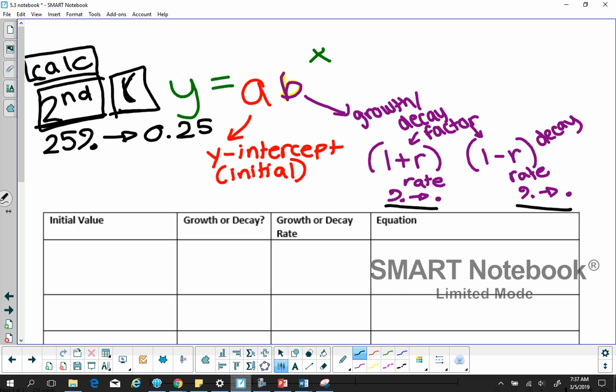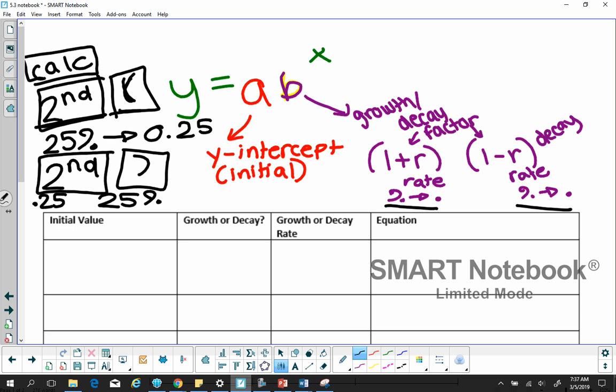If you have a decimal that you want to change to a percent, you press second and the other parentheses. If you put in 0.25, it will change it to 25%. So instead of remembering those rules, you can remember the little calculator cheat sheets. It will make more sense when we do a few examples, but I want you to write that down.